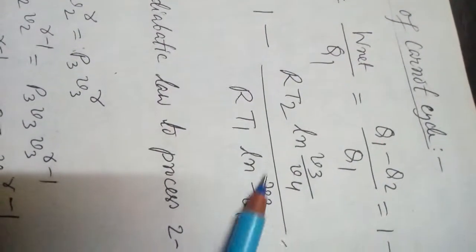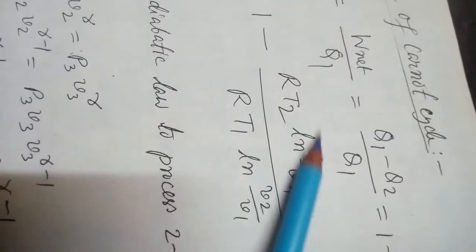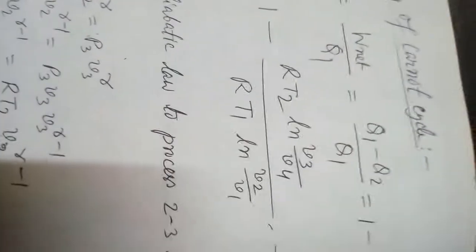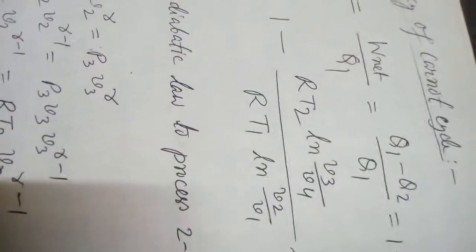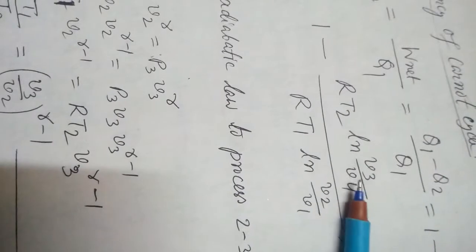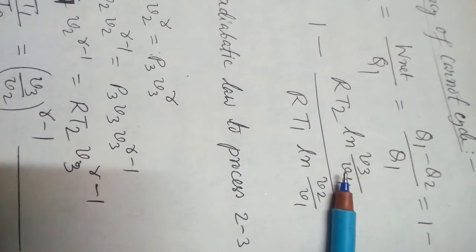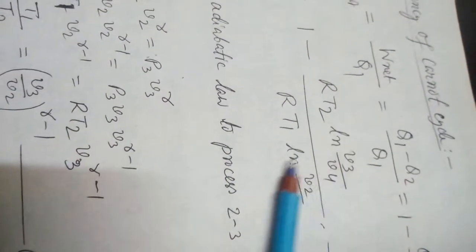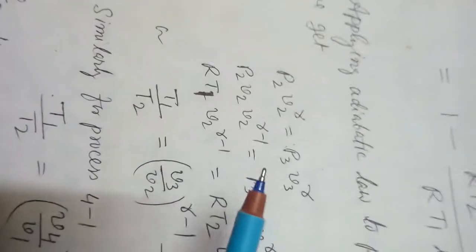This is Q2, this is Q1, per kg mass of the fluid flowing in the system. Okay, now you see V3 by V4 and V2 by V1, these have some relation. Of course, we will be proving.